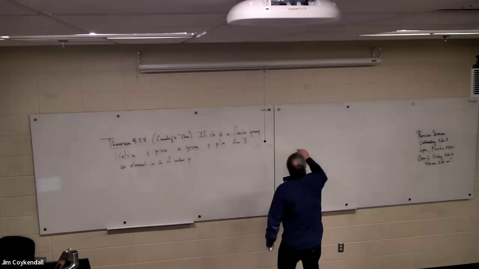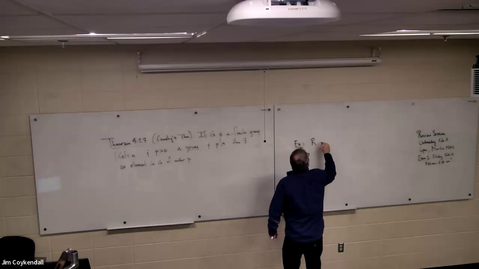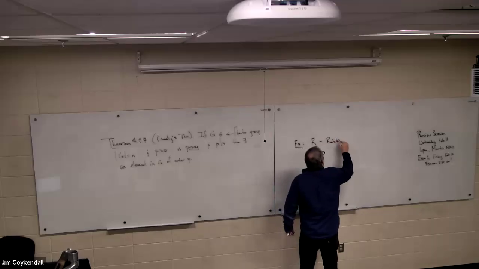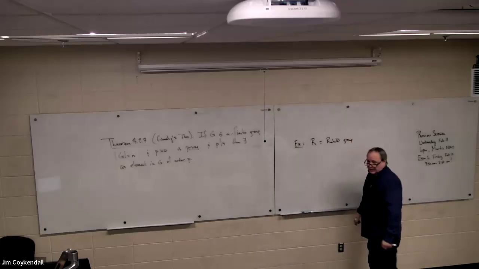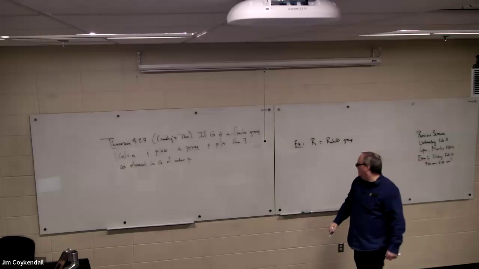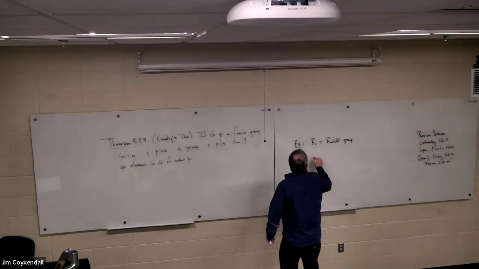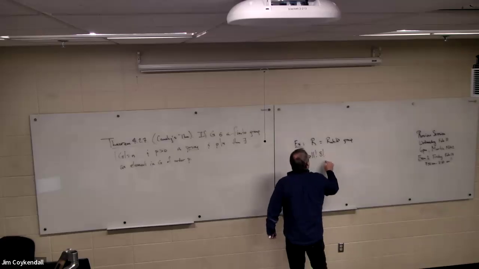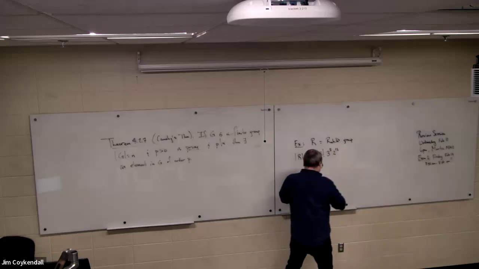So for example, if you have the Rubik's group, so this is just the group of arrangements on a 3x3 Rubik's cube, the order of this is equal to 11 factorial, 8 factorial, 3 to the 8, and so on.